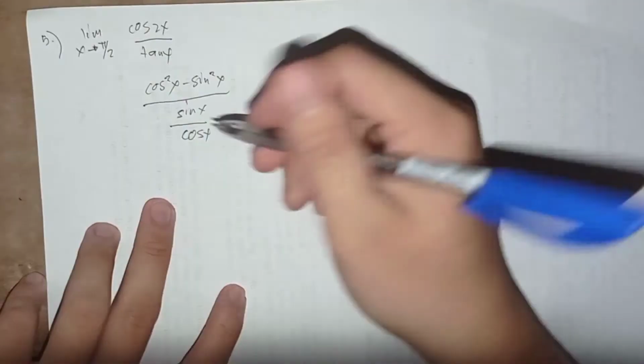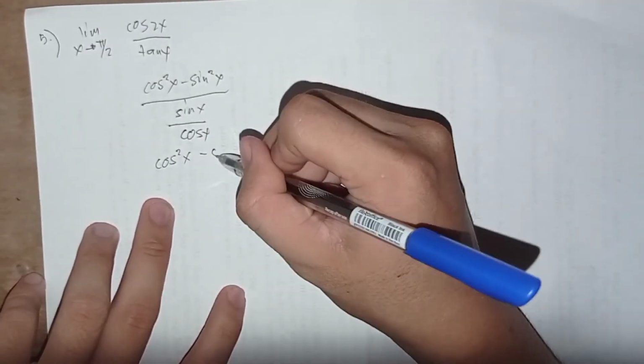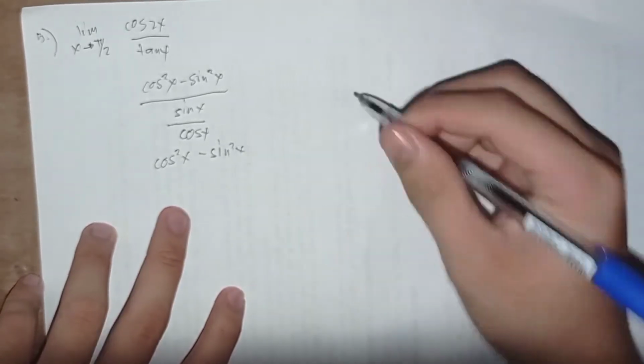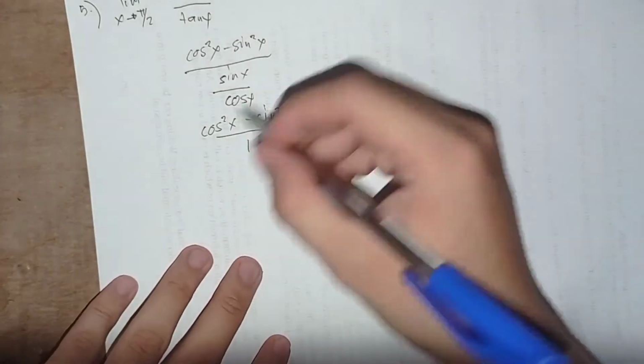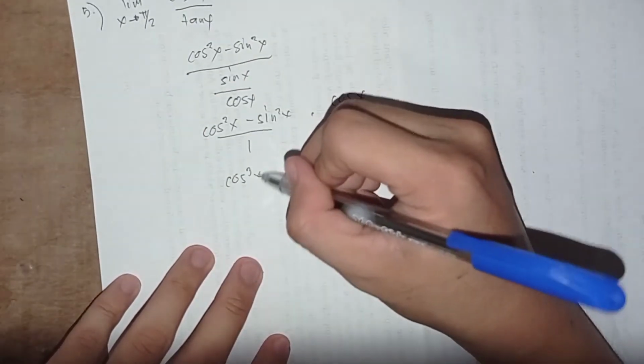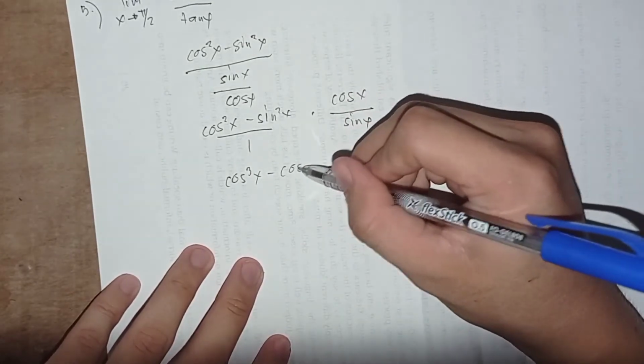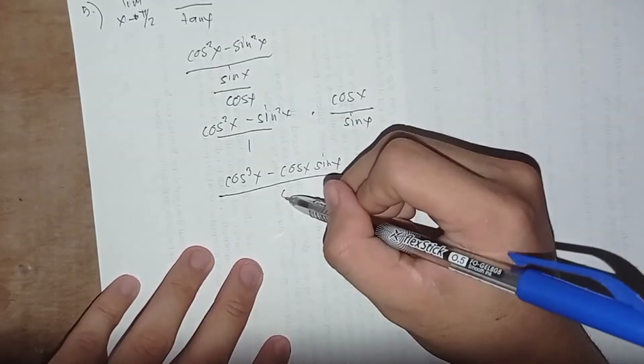Using the reciprocal, we multiply by cosine x over sine x.